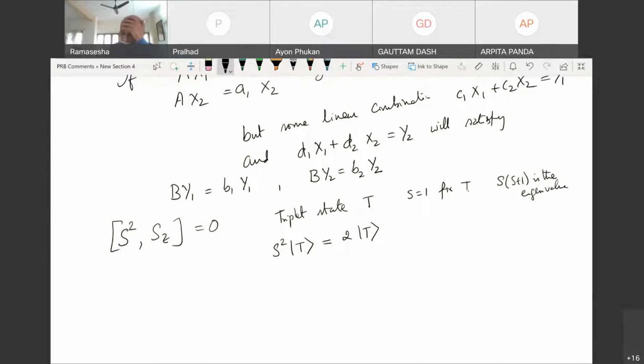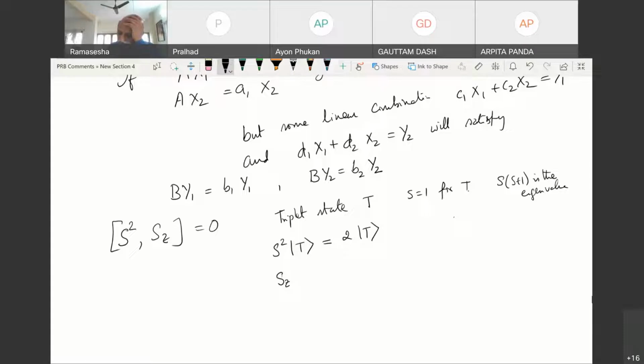Now if you take Sz, what are the values Ms can have? Ms is equal to -1, 0, 1, right? S is equal to 1. Ms can take values -1, 0, and 1.